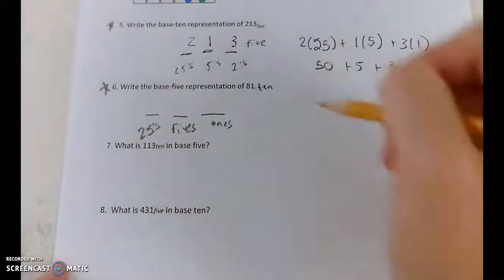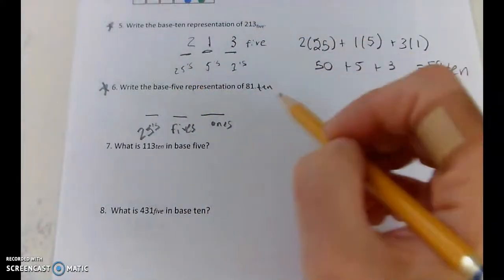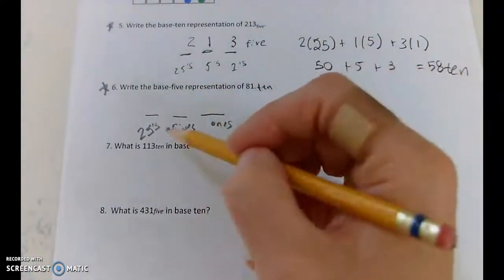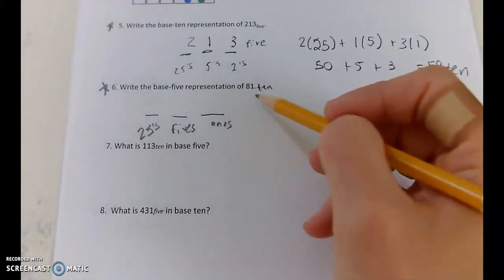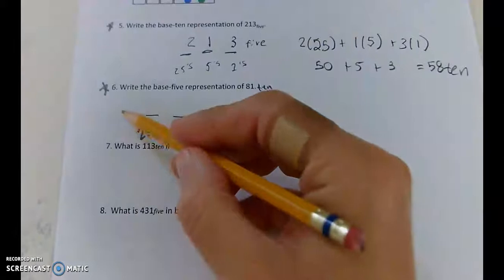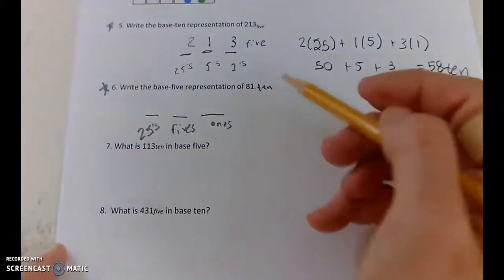And then I might even need a 125, but actually, I'm asking myself, how many 25s will fit into 81? And if this number 81 was bigger than 125, I would need another place value because I could fit a 125 into that 81, okay?